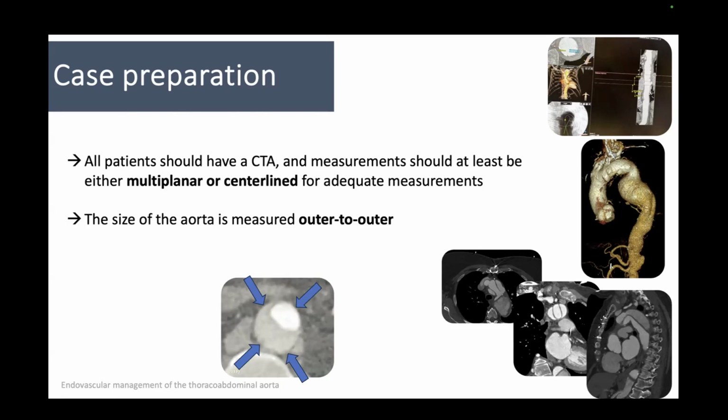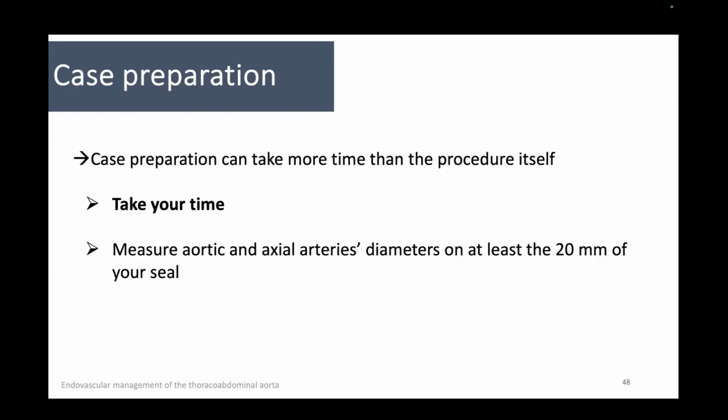I know that there may be different criteria for the aortic root, so I just wanted to specify that for the rest of the distal aorta, that's how we measure it. Of course, if you have a chronic type B or residual type A dissection, then measuring the inside of the true lumen can be very handy for different kinds of landings if you want to build some grafts, but most of the time it's outer to outer that we measure.